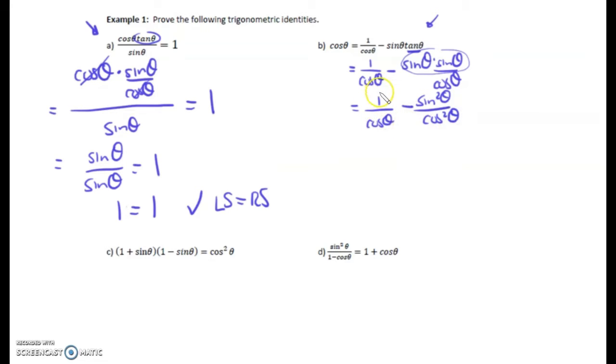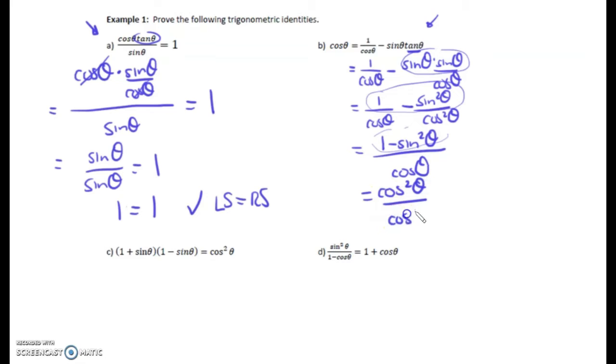Well, we know that we can collect the numerators here. So I get 1 minus sine squared theta all over cos theta. Well, we know from the Pythagorean identity, 1 minus sine squared theta, we can actually substitute in cos squared theta.